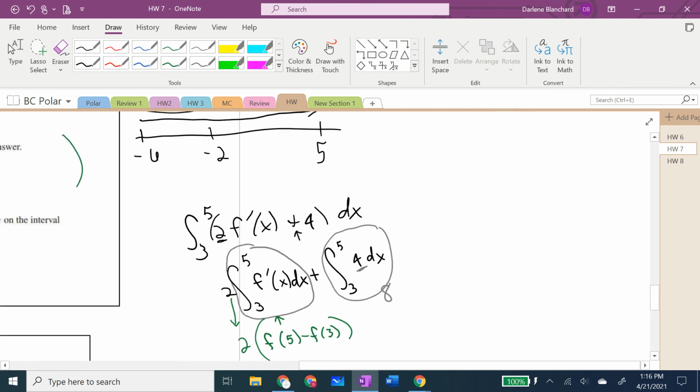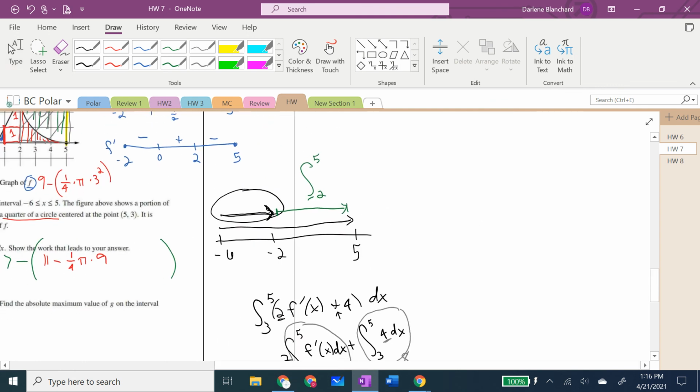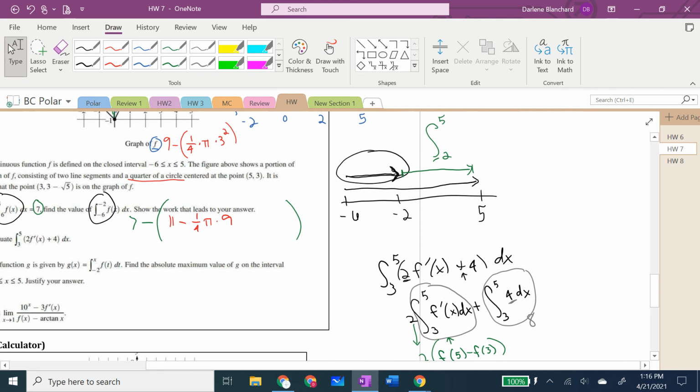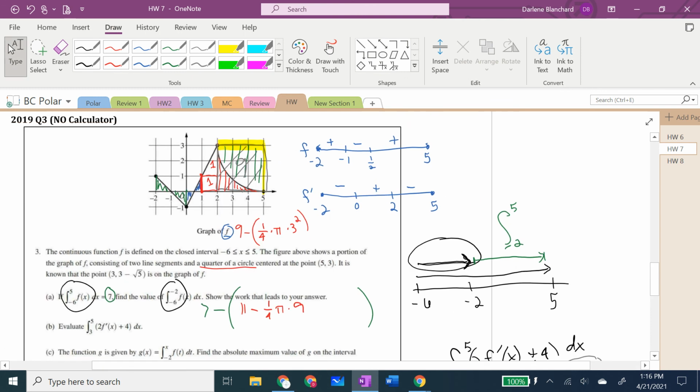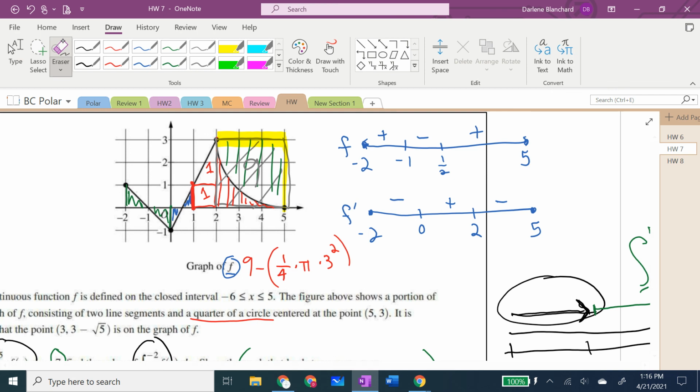And so now I'm going back up to the graph, and I am going to find my function's f value at 3 and 5. Now I can see that f of 5 is 0.